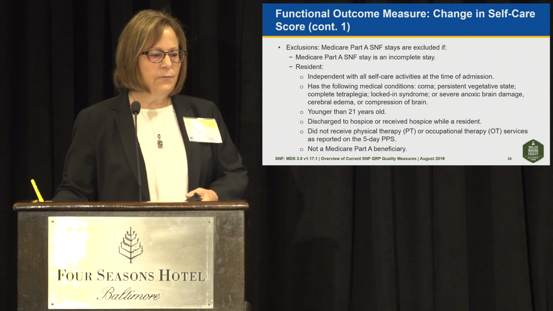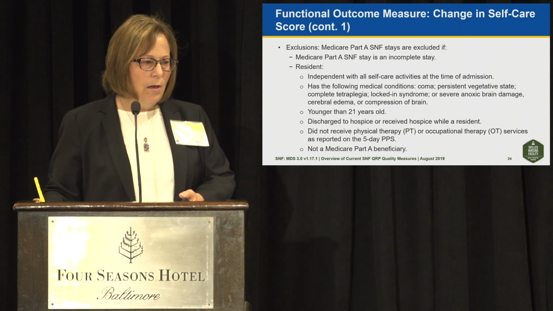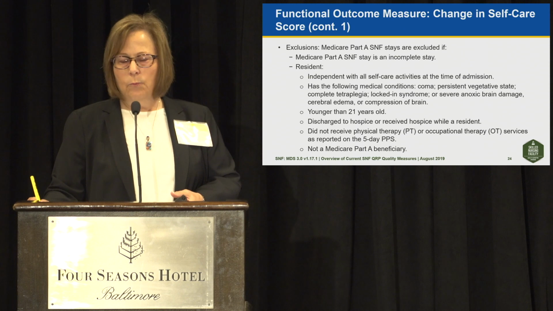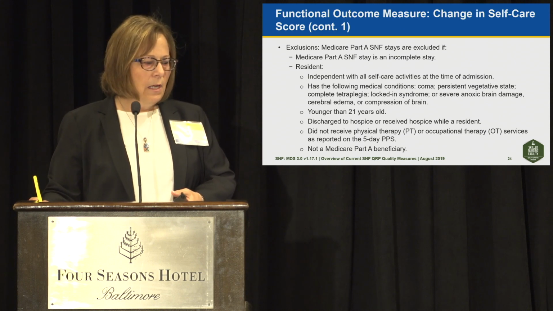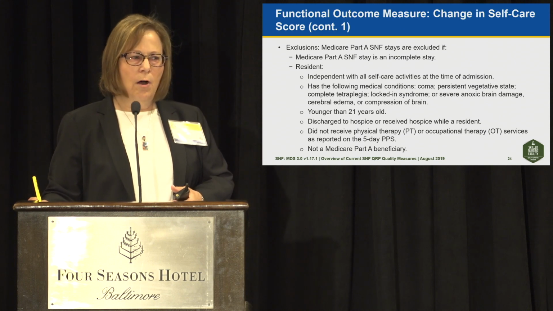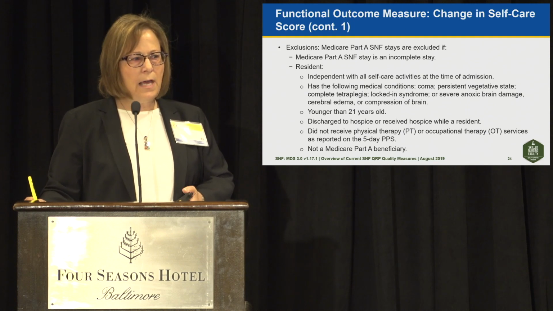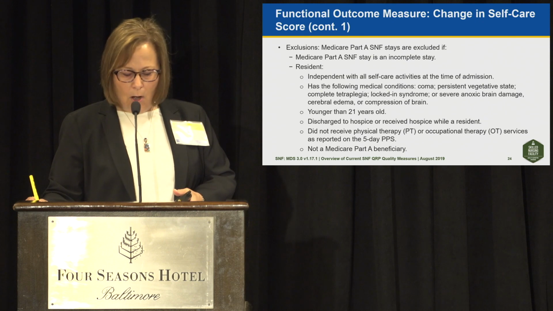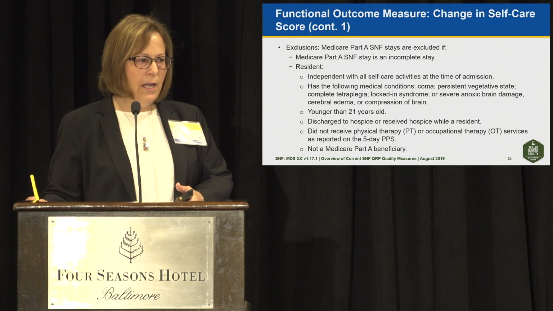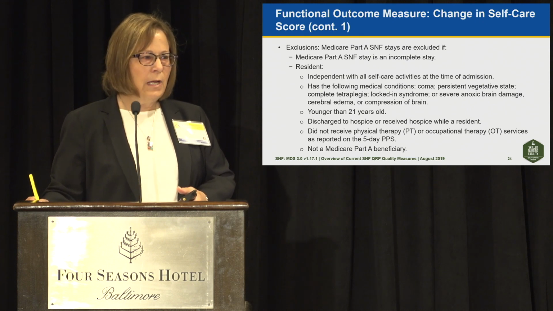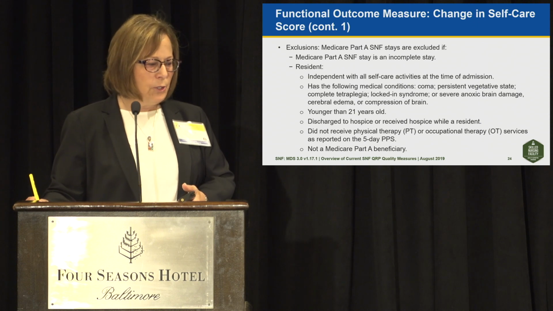The exclusions for the change in self-care score are when there's a Medicare resident with an incomplete stay, if the resident is independent with all self-care activities at the time of admission. So that means that they must be independent in all of the self-care items in order to exclude that resident from the measure.